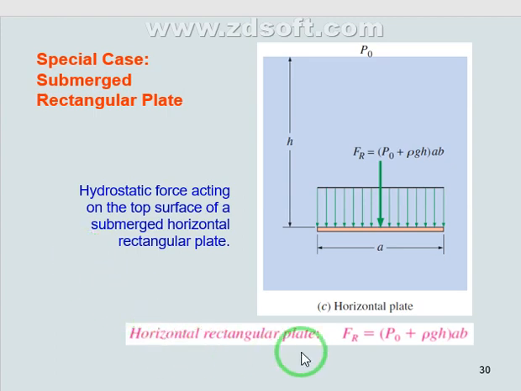When we have a horizontal rectangular plate, Fr is going to equal P naught, which can be atmospheric pressure, plus rho g h times A B. A B is the area, because this is a pressure, and to calculate force we must multiply by the area. The area here is A times B. We have the depth here, the thickness, right?